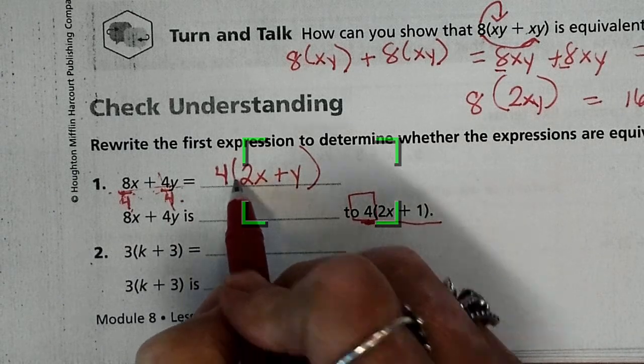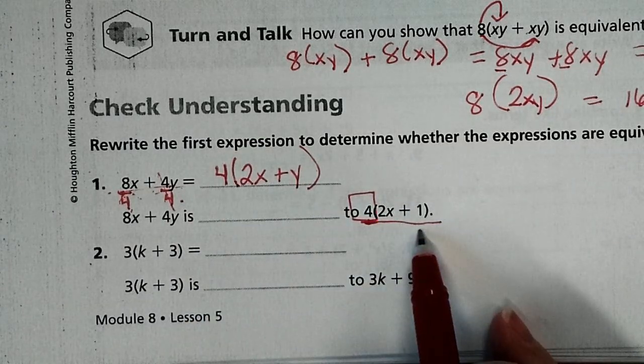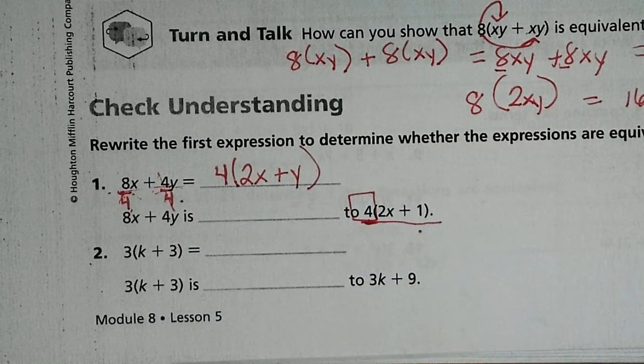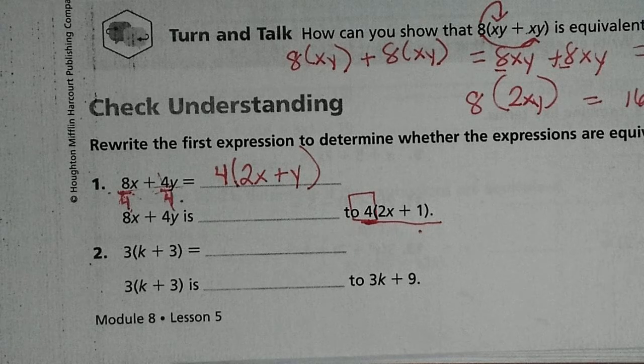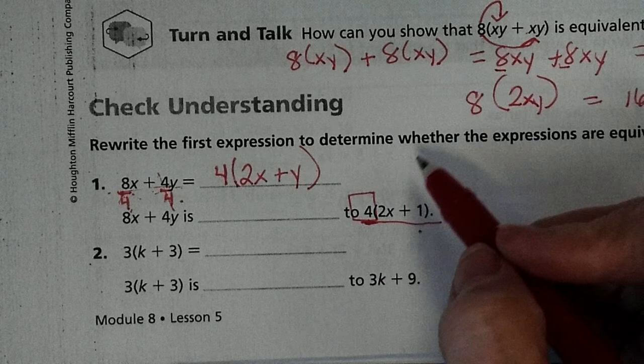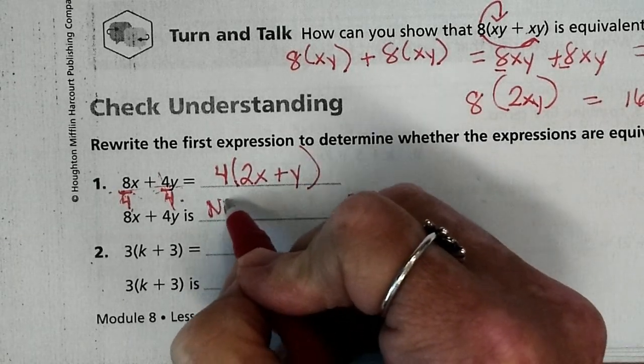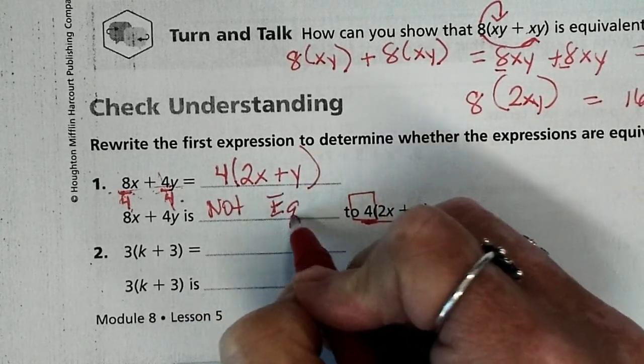So is this equivalent to this? Y would equal 1, but we don't know that y equals 1. Y could be 10. It could be 5,000, right? So this is not equivalent.